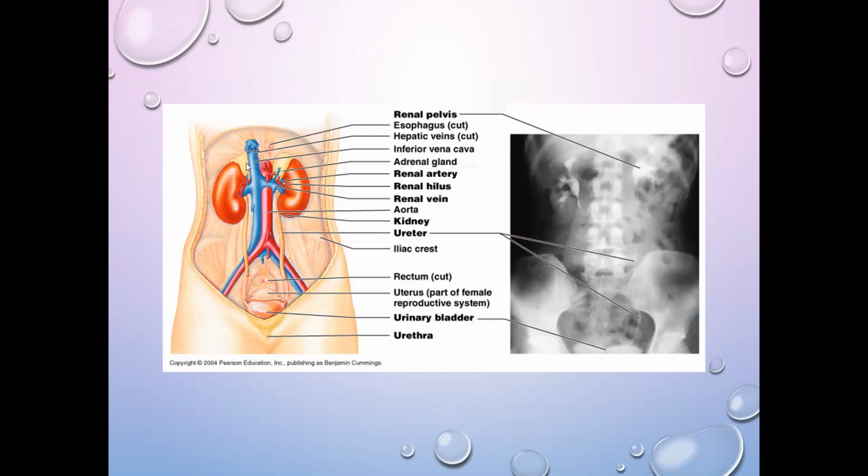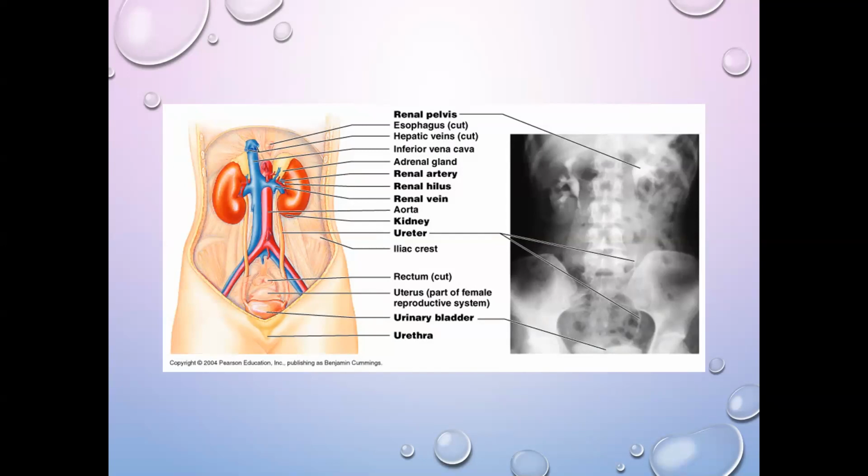Remember that you have adrenal glands on top of them. You have renal vessels going to and from them. You have the ureters that insert into the urinary bladder. I also mentioned that embryonically they form down here with your gonads. The gonads and the kidneys form from the same embryonic tissue, and then your kidneys move up into your abdominal cavity.